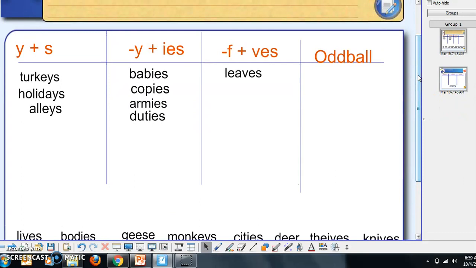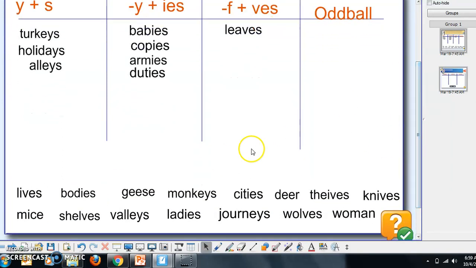Our next word is lives. In order to make life plural, what would I need to do? You got it. I would need to subtract the F and add VES.